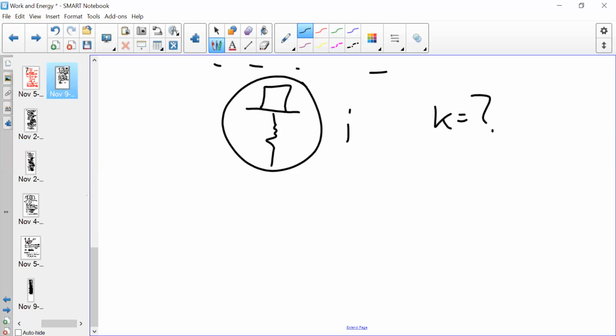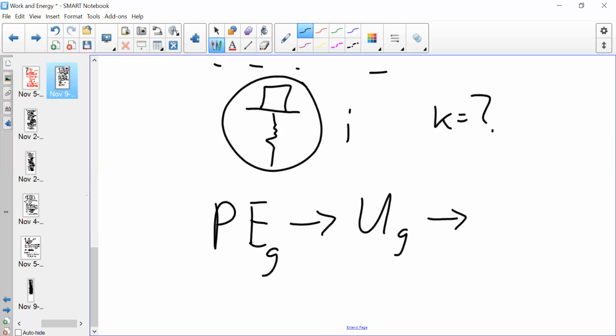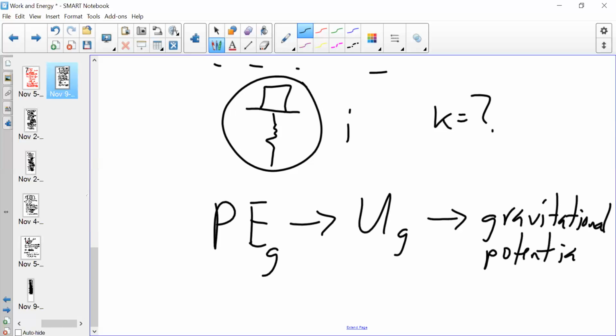But you'll probably see it go back and forth: potential energy or this UG, same thing. This is all the gravitational potential energy.